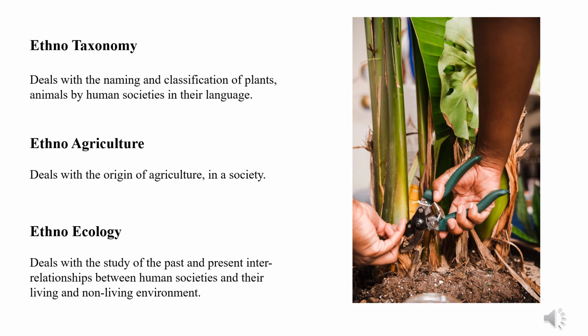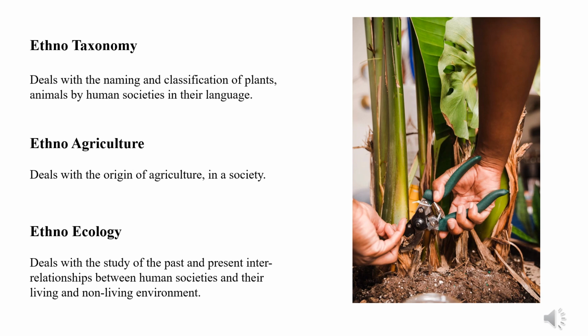Ethnotaxonomy is the study of how people name, classify, and identify living organisms, and the linguistic, semantic, and taxonomic criteria used in these processes. It can also refer to the taxonomic systems used by individual ethnic groups.